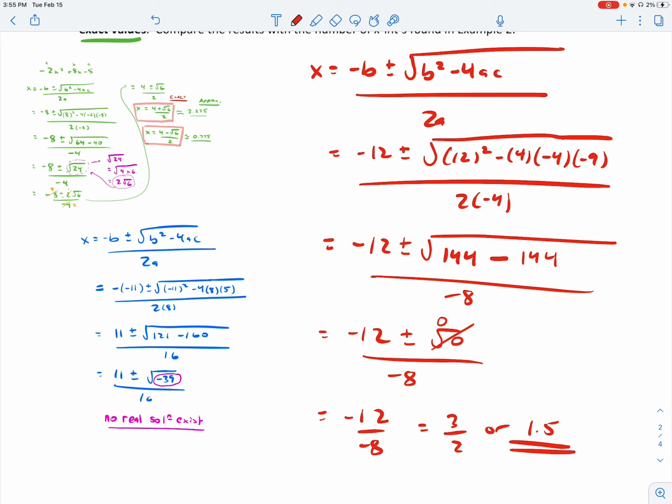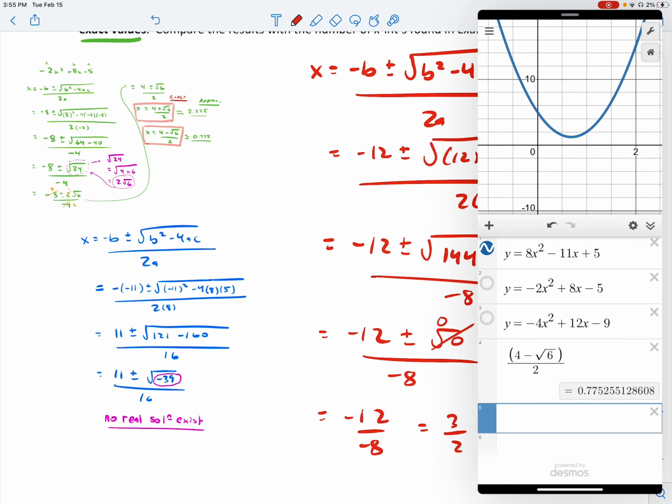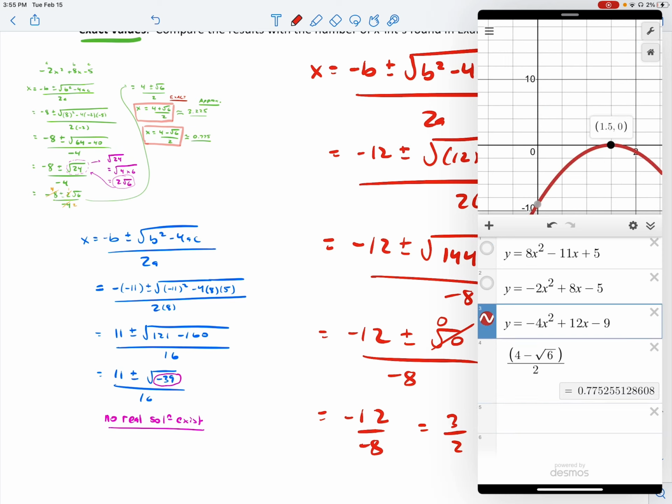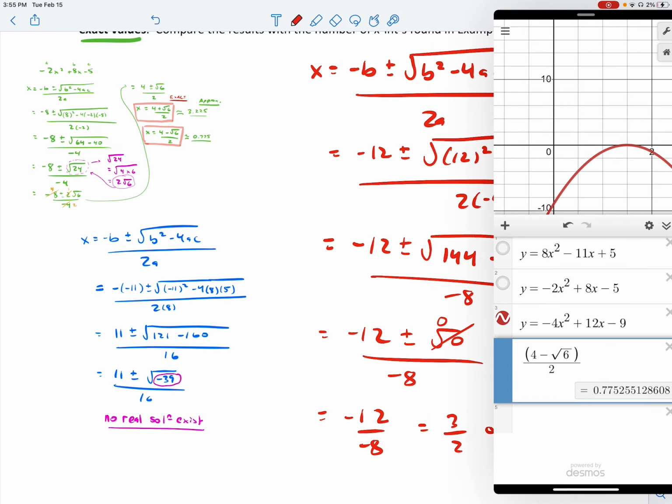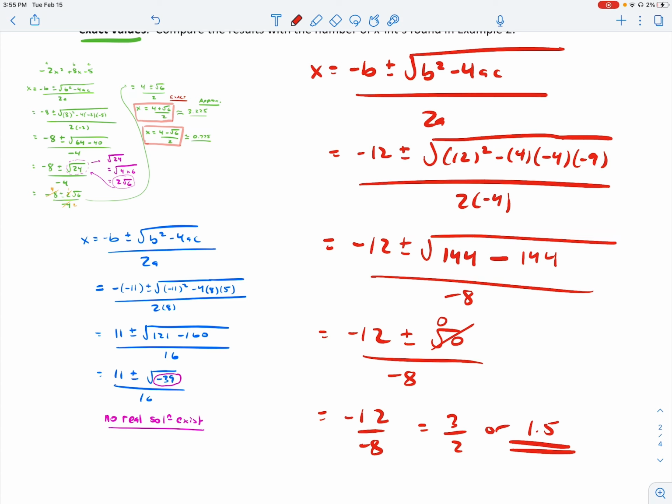That was exactly what happened in example 2. We had our x-intercept at 1.5, and there was only one of them. It's kind of cool. We only get one solution to the quadratic formula when all of this works out to 0.